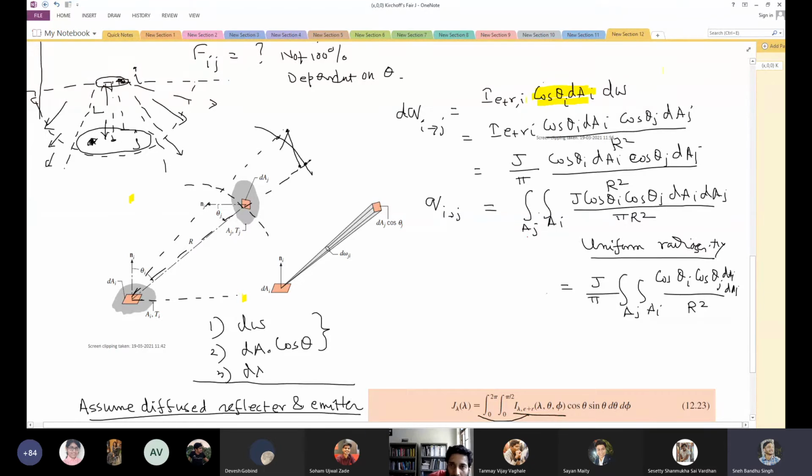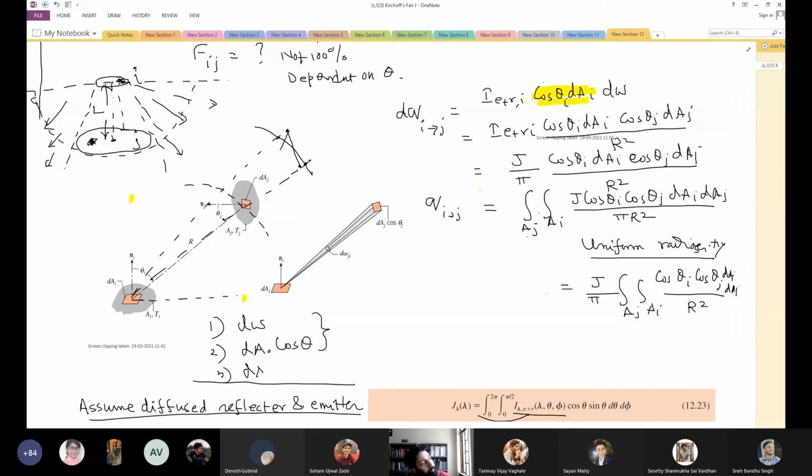And this d omega also uses a projected area, because if the surface does not have any projected area on the hemispherical surface, then there will also be no d omega. So that is the reason for using these two projected areas.